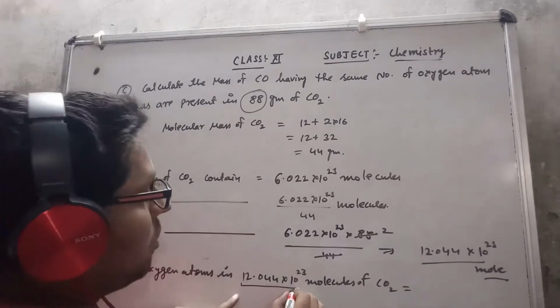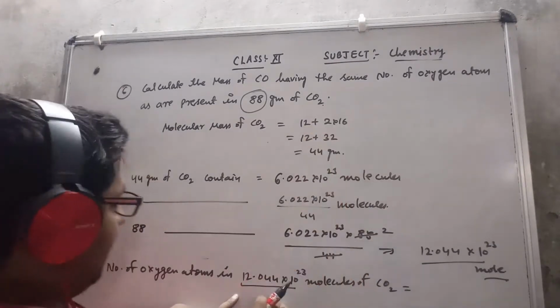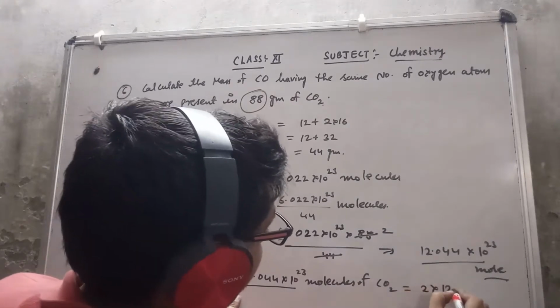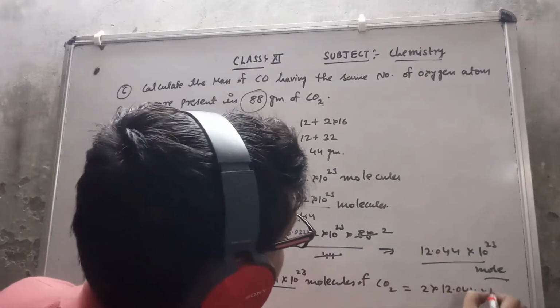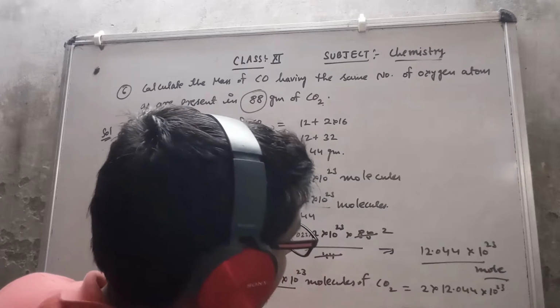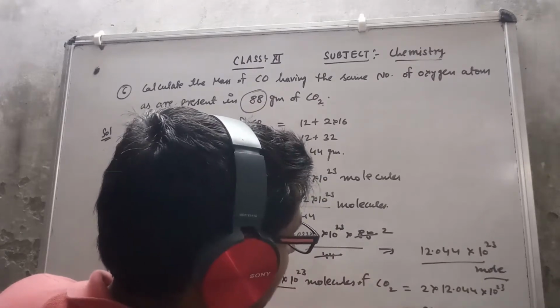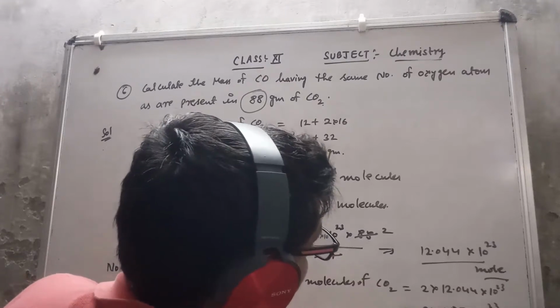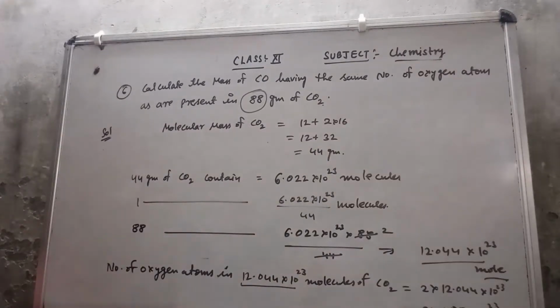In one molecule there are 2, so in that much of molecules, what I have to do is 2 multiplied by 12.044 into 10 to the power 23. This is coming 24.088 into 10 raised to the power 23 atoms. That much of oxygen atoms are there.